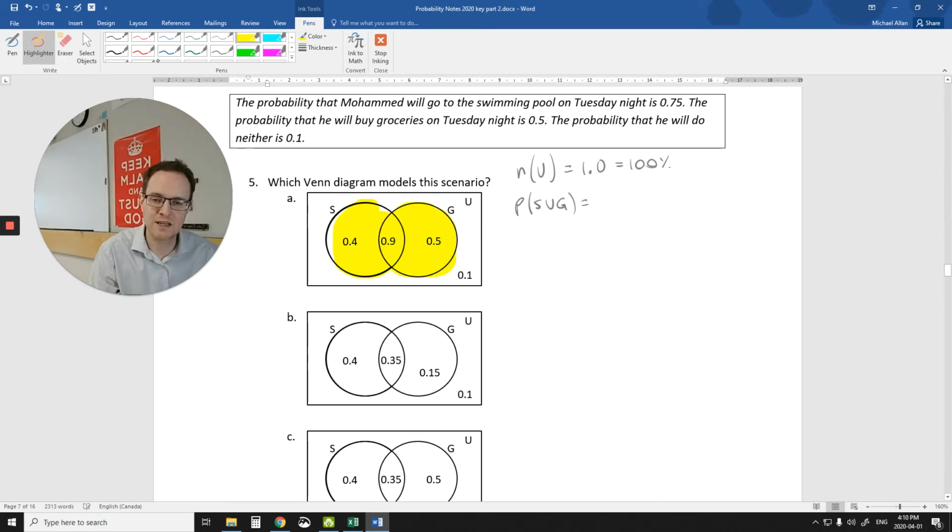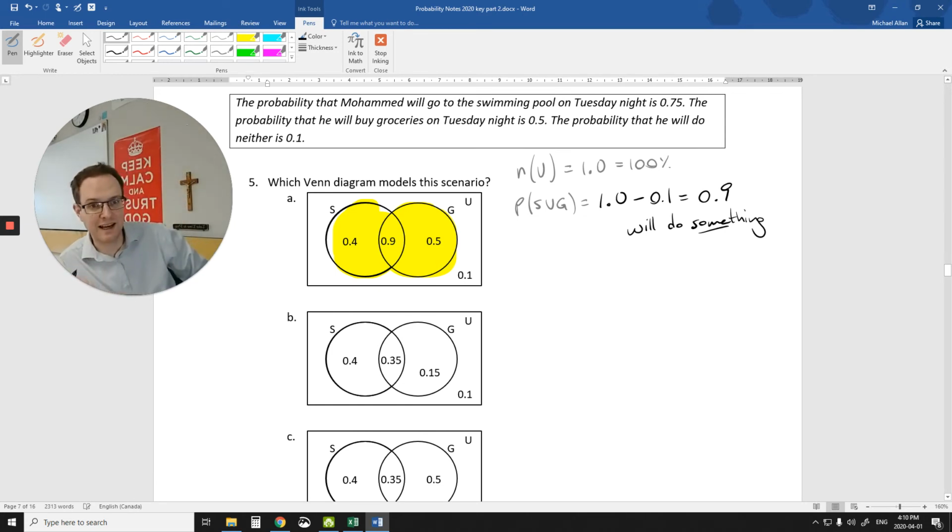Now, that is just going to be 1 minus 0.1. So 0.9, right? There's a 0.9 probability he will do something. Don't know what they're going to do, but there's at least a 90% chance this person will do something here.